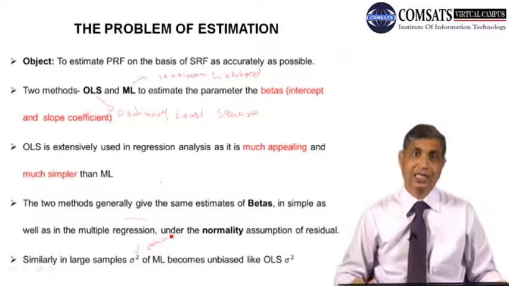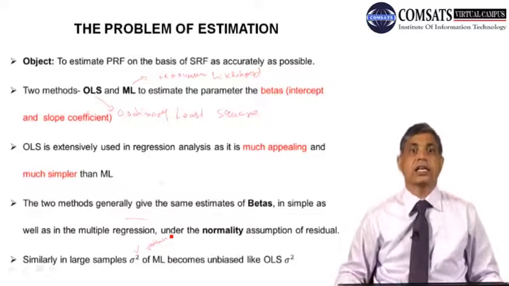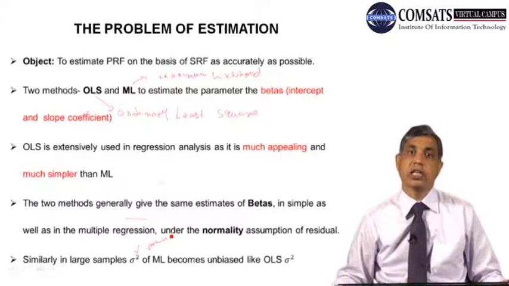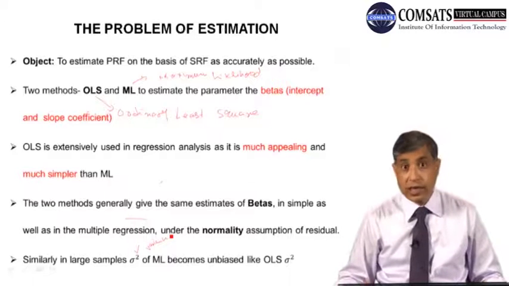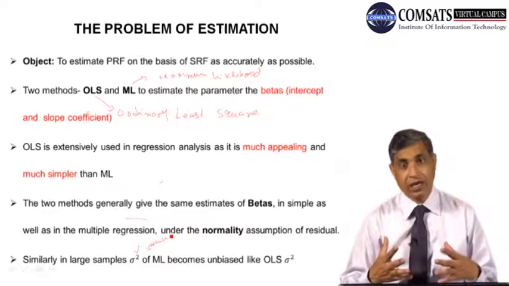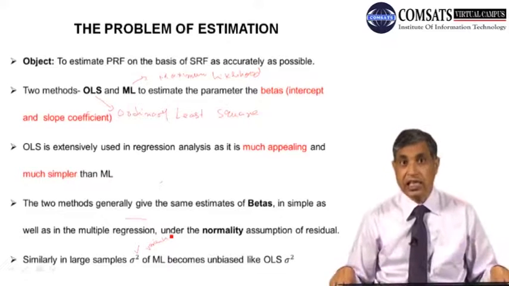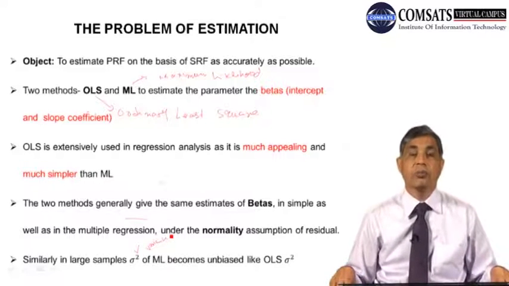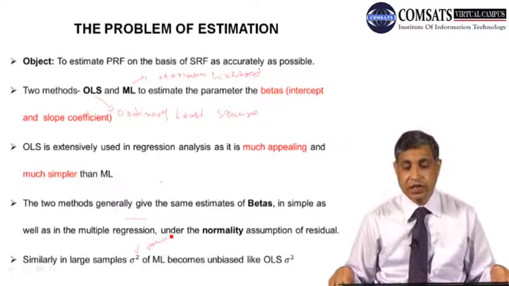Before going to the next slide, what do we learn from this slide? There are two common methods to estimate beta 1 hat and beta 2 hat: one is maximum likelihood, the other is the ordinary least square method. Both methods are very important, and there are some commonalities. The first is that both methods give similar results in both bivariate and multiple regression when we assume the residuals are normally distributed.